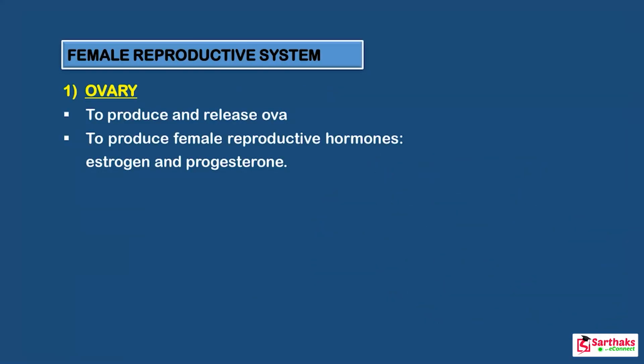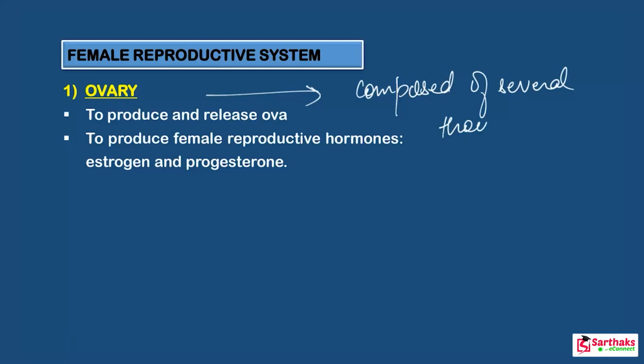Now, do you know that each ovary is composed of several thousand follicles? I mean to say, these are a kind of unripe eggs or unripe ova.